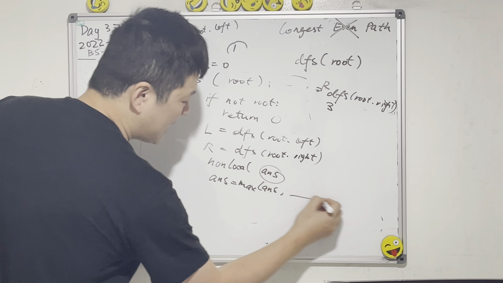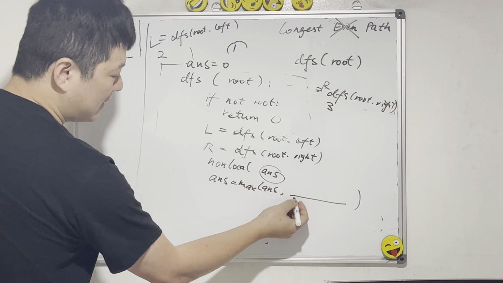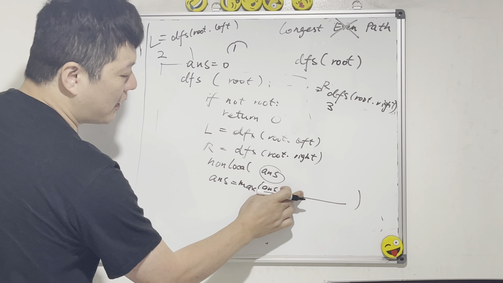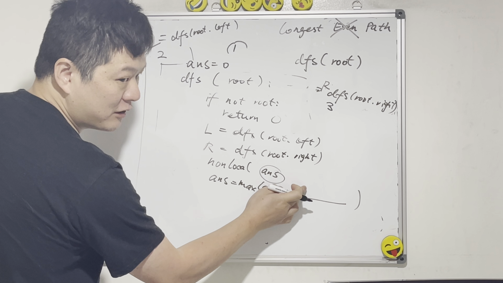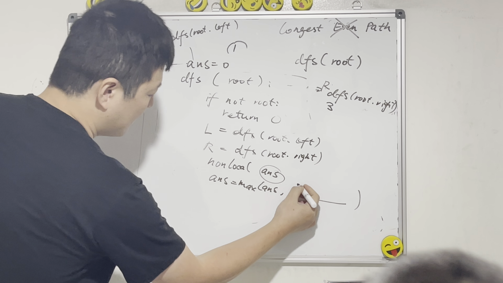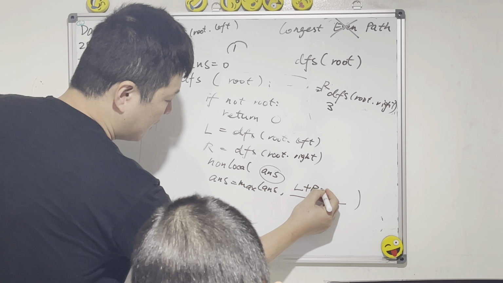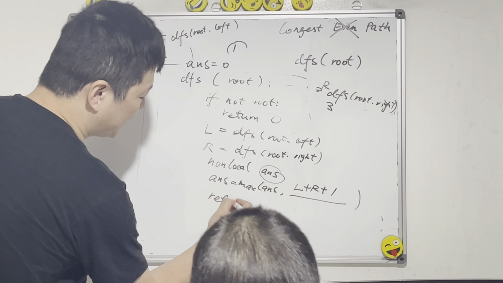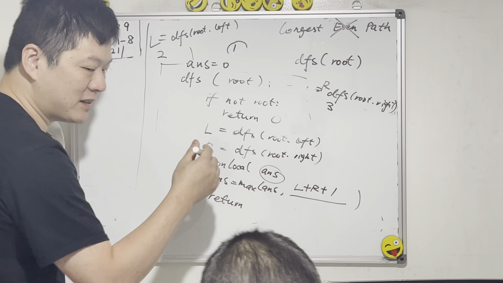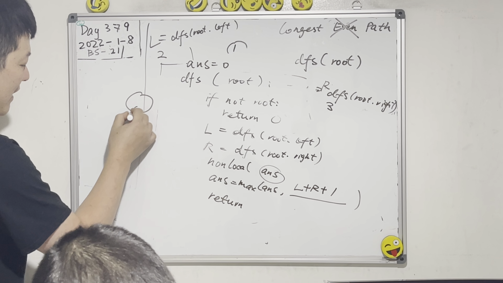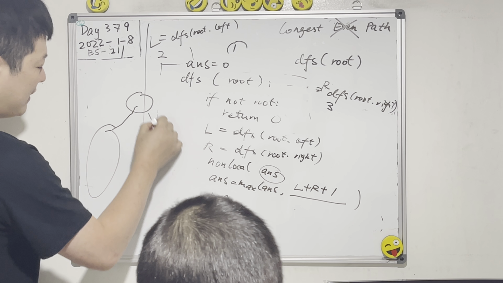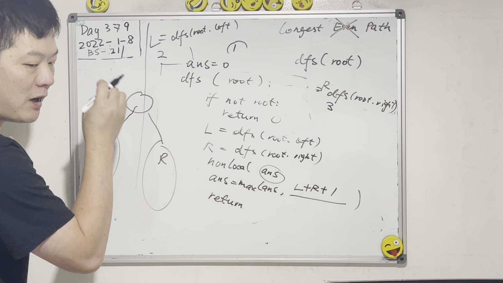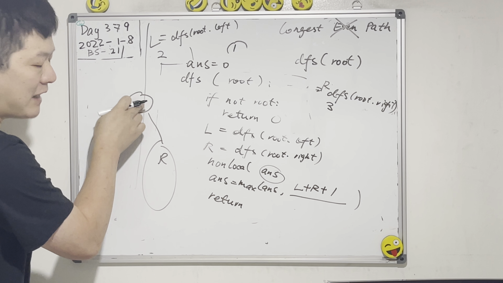Can you complete this? What's the number of nodes passing through the root here? Left plus right plus 1 for the root. But now this function needs to return the longest path starting with this node.